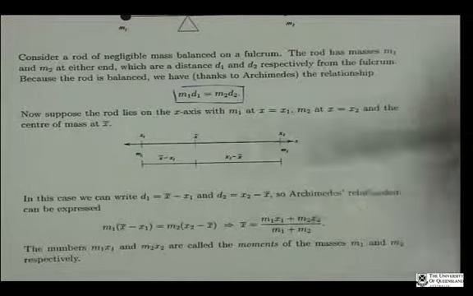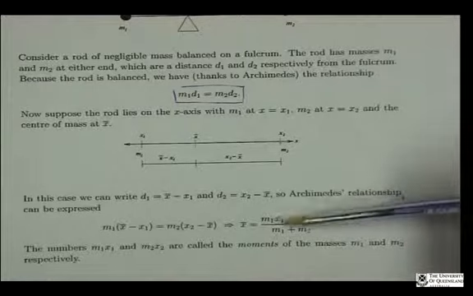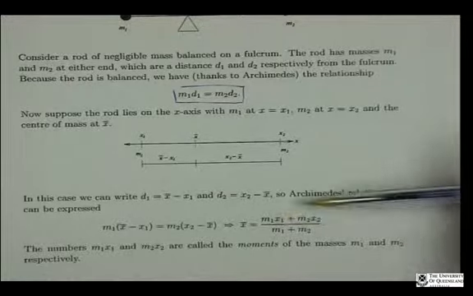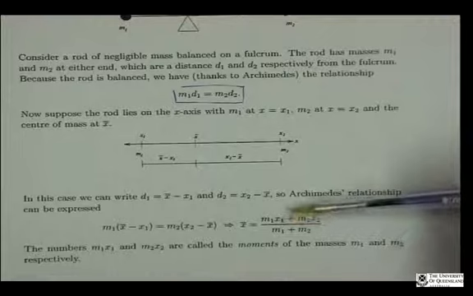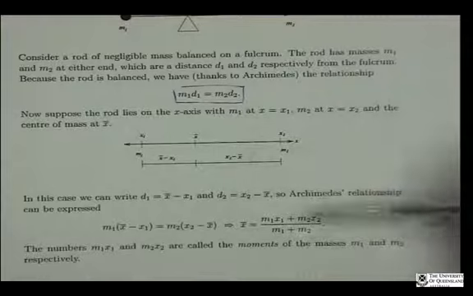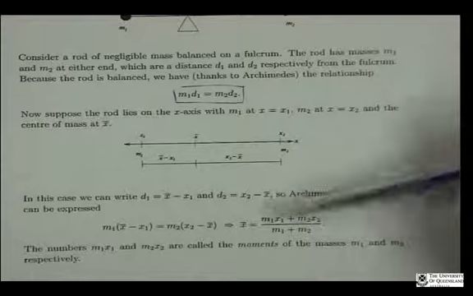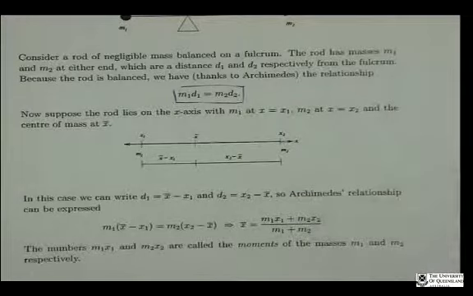Let's define what these quantities are, these products of masses and coordinates. M1 x1 and M2 x2 are referred to as the moments, sometimes the first order moments, or simply the first moments of the masses M1 and M2 respectively.